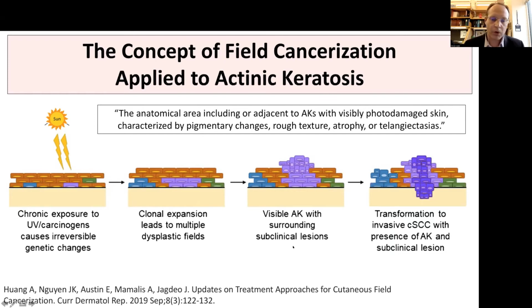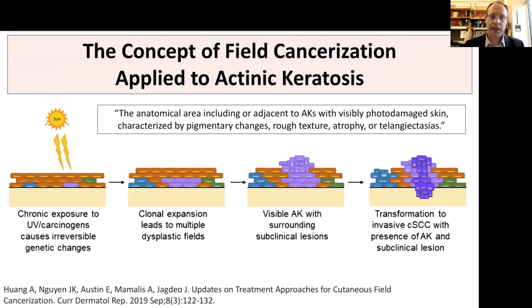And if we move one more to the right, in this case, the purple dysplastic clone or field develops into a visible actinic keratosis, but you still have subclinical dysplastic fields of the blue and the green keratinocytes. And then on the far right, this AK has now transformed into an invasive squamous cell carcinoma, and you still have these subclinical dysplastic fields in the blue and the green.